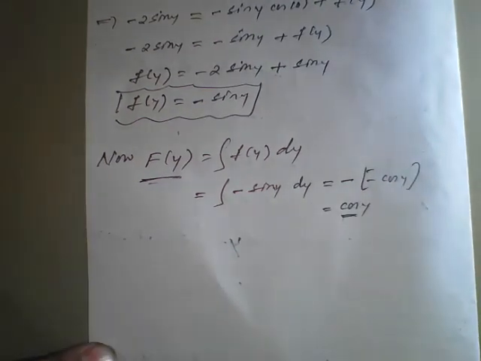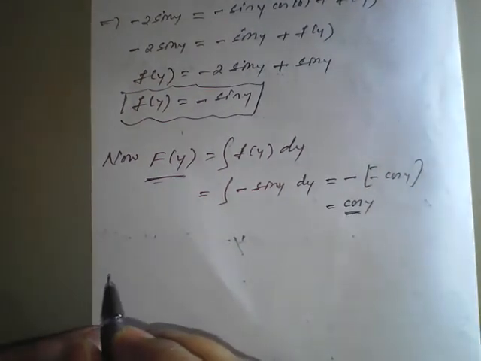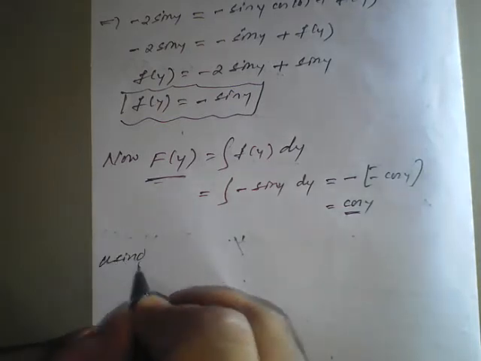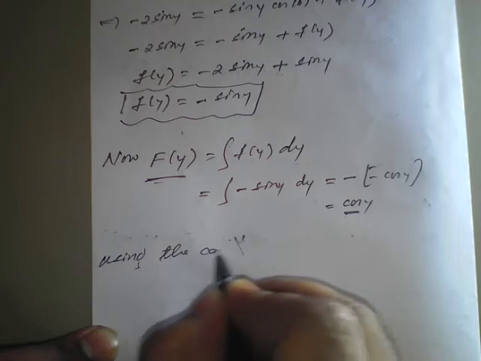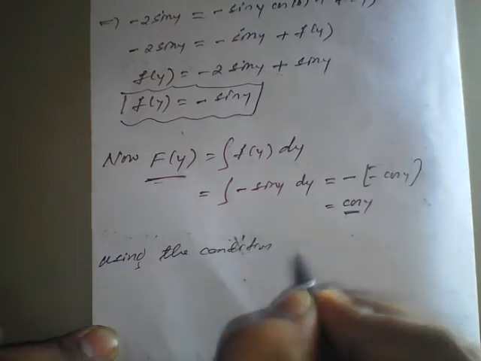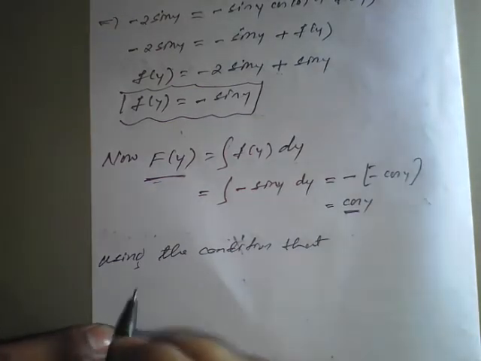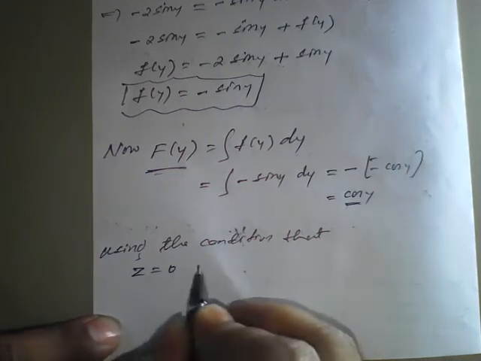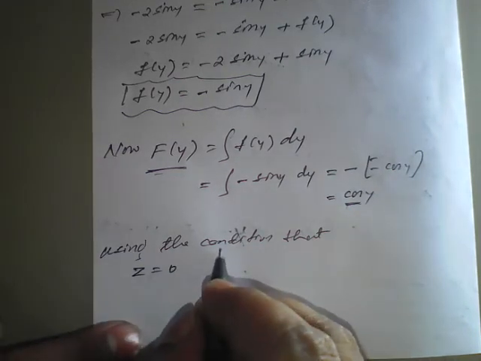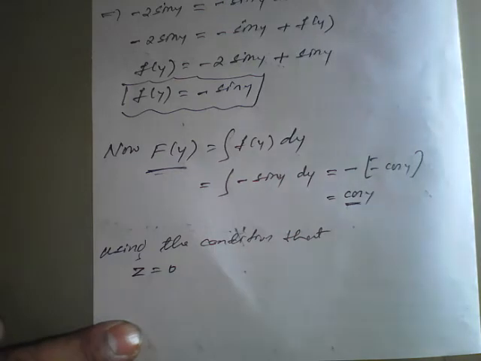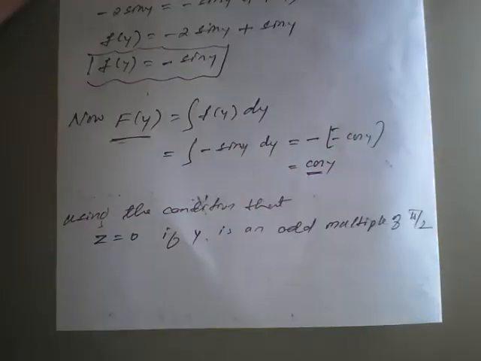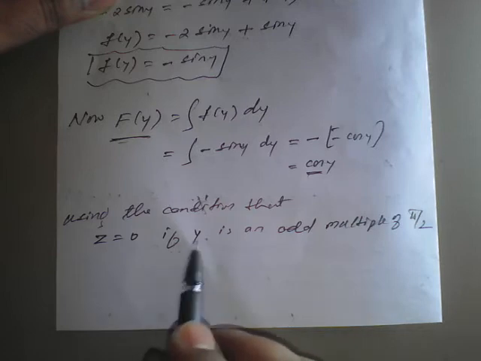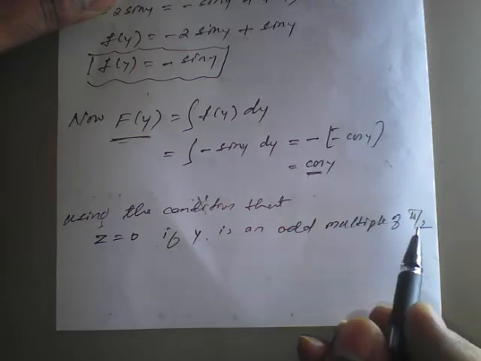Now similarly the second condition. What is the second condition here? Using the condition that z is equal to 0, they have given z is equal to 0 if y is an odd multiple of pi by 2.